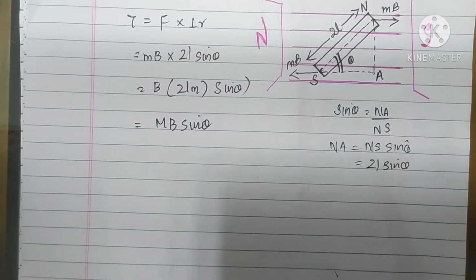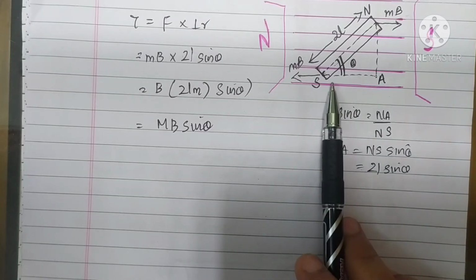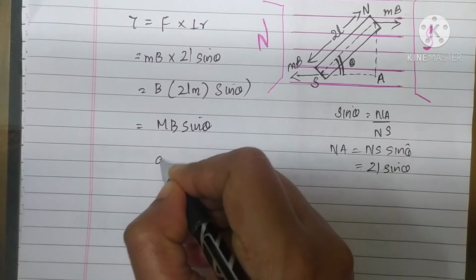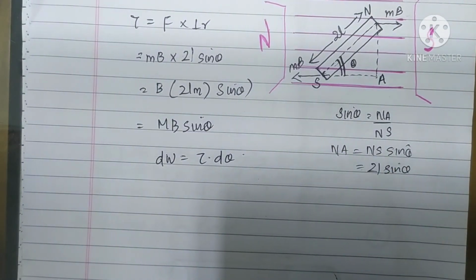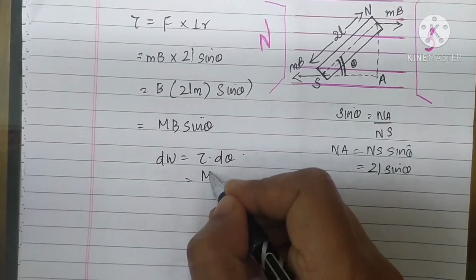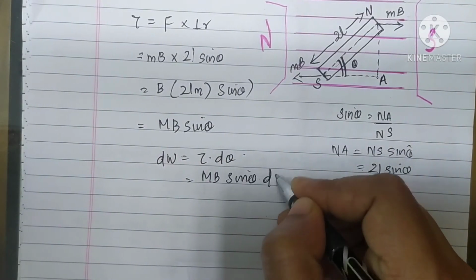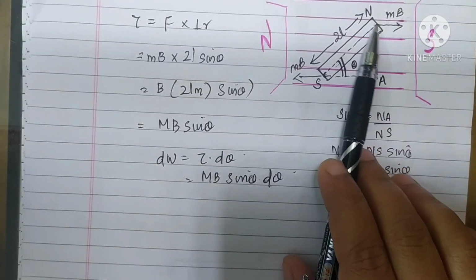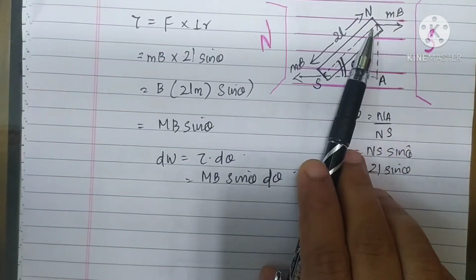A small amount of work done in rotating the dipole through this small angle theta can be taken as dW equal to tau into d theta, isn't it? Or mB sine theta d theta.